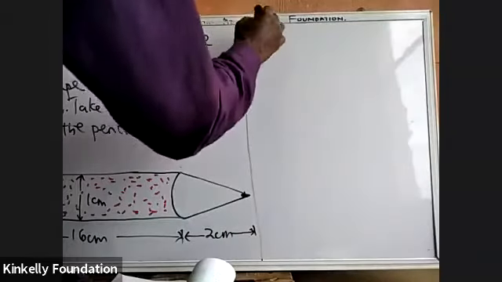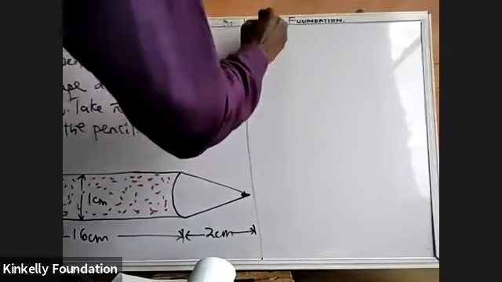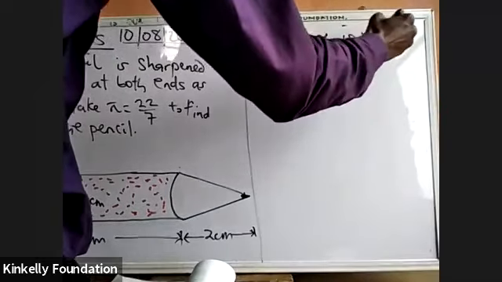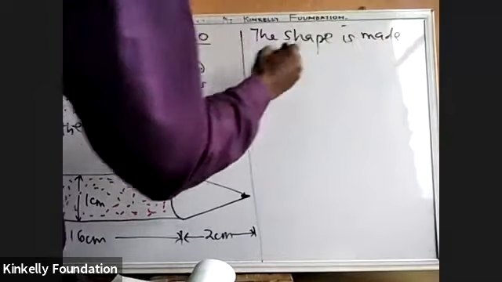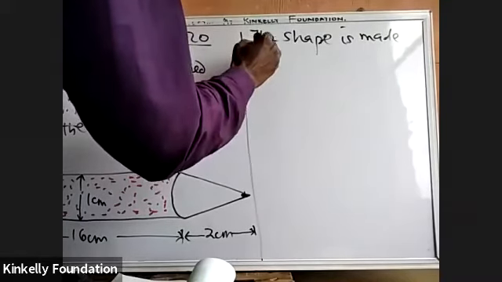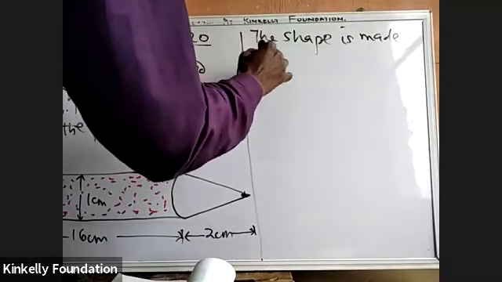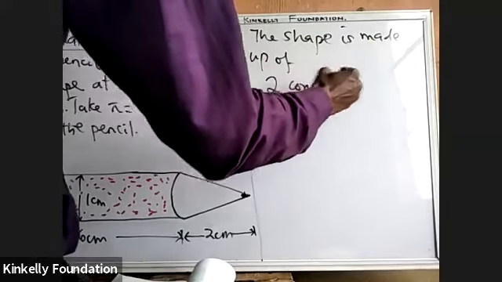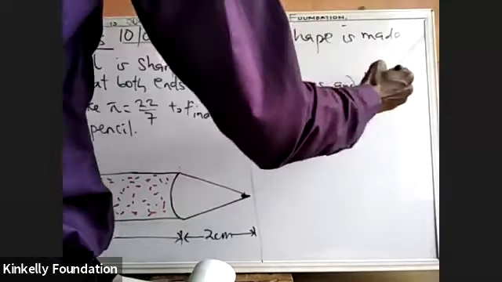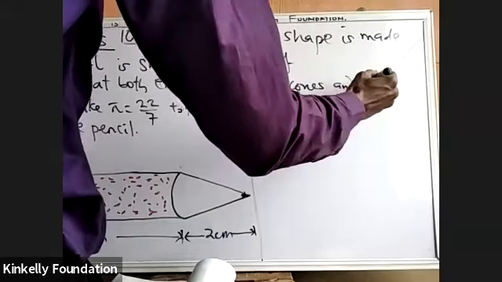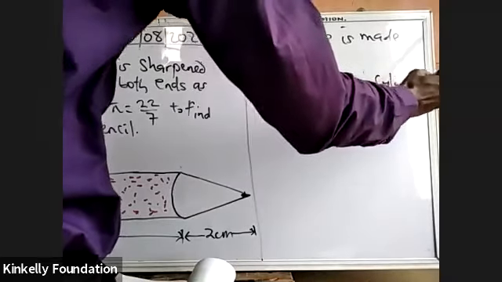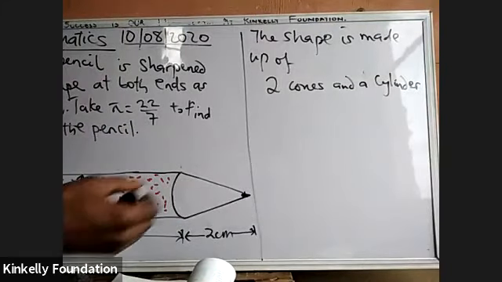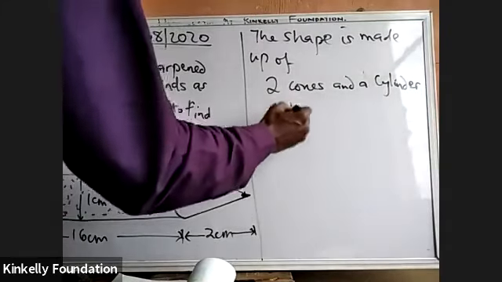The shape is made up of two cones. Now, you see, in the cones, look at the things we have.